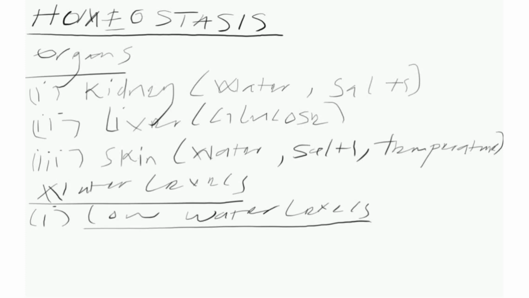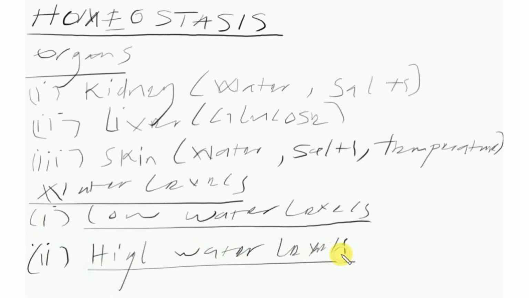Let us look at when there is high water levels. If in the body there is high water levels, this is also going to be detected by the hypothalamus as blood passes through the brain.